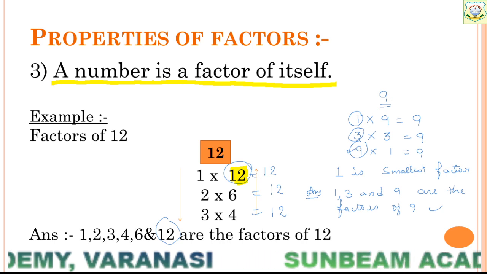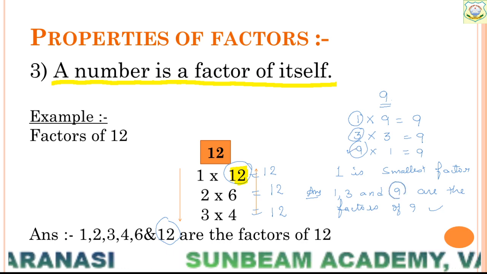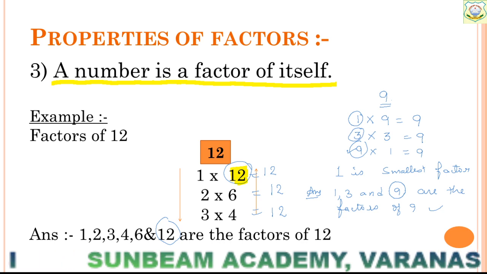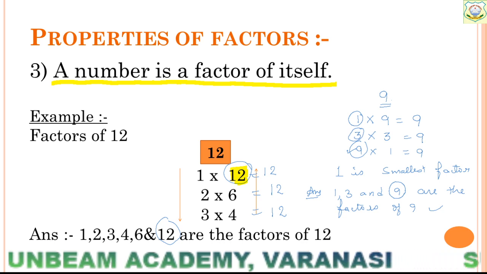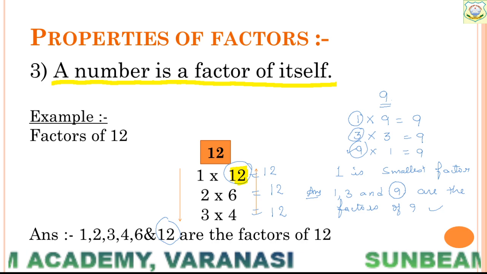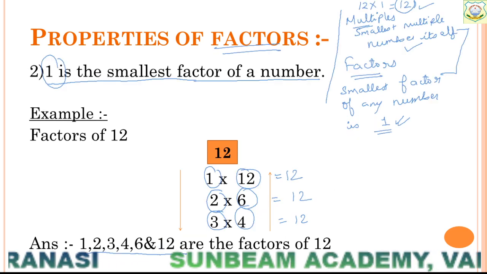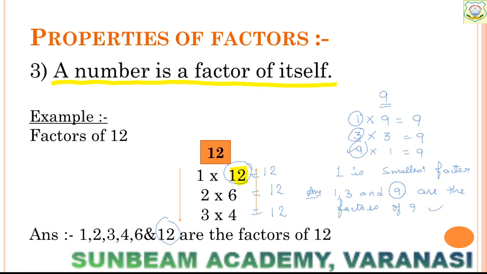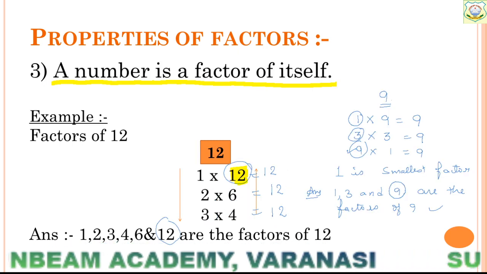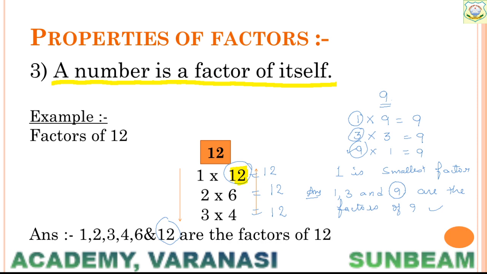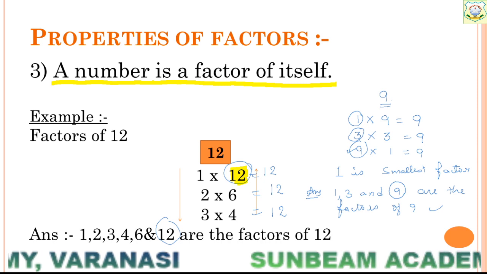So here you can see 9 is also a factor. Got it? This is the third point. So what was the first point? 1 is the factor of all numbers, and then second is 1 is the smallest factor of a number, and third is a number is a factor of itself.